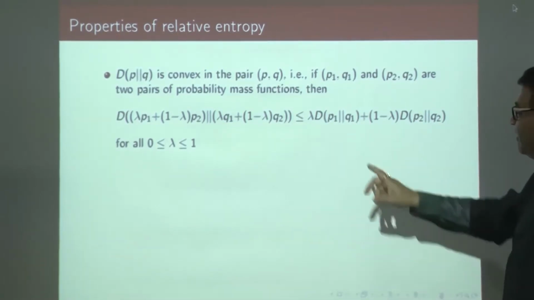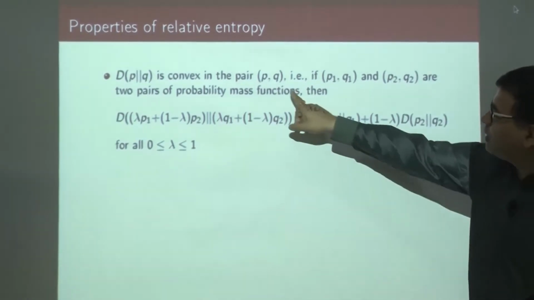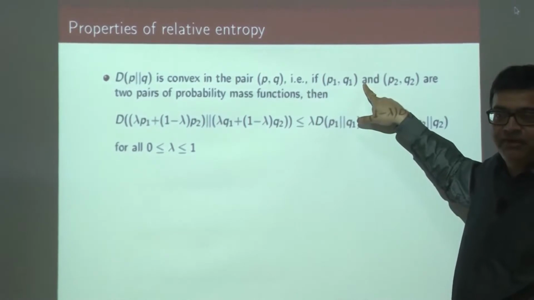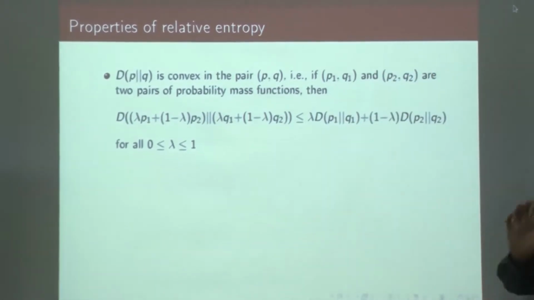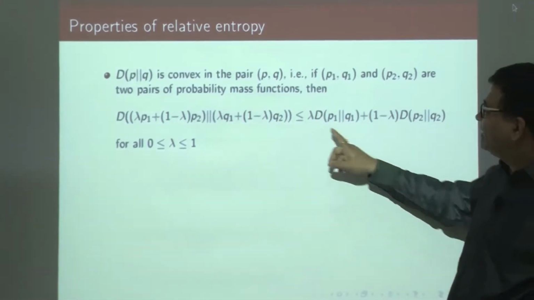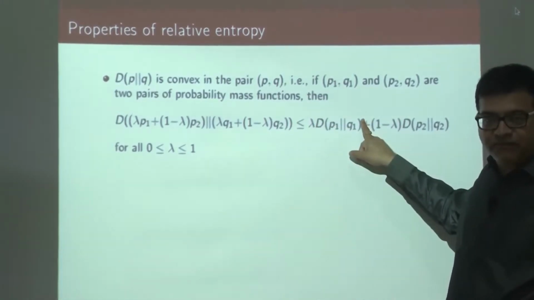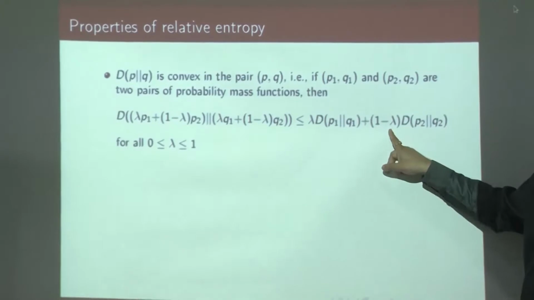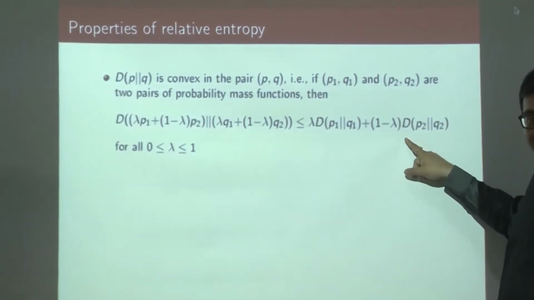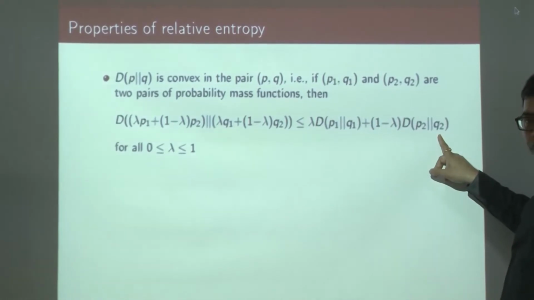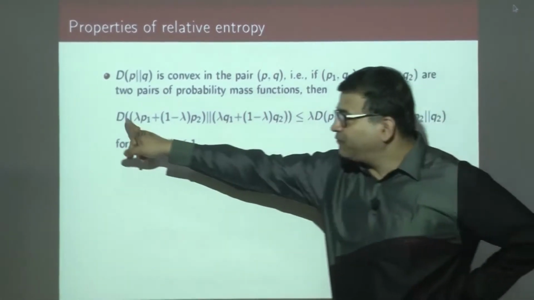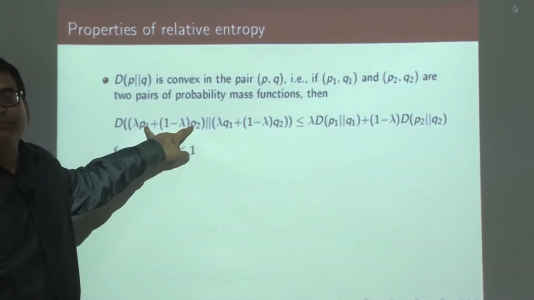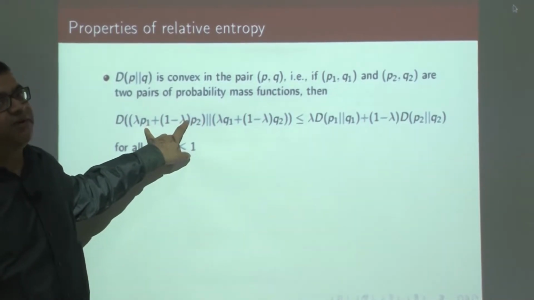So I am defining it as a function of P and Q. My x1 is (P1, Q1) and x2 is (P2, Q2). So I have to show that lambda times the function at x1, which is the divergence of P1 Q1, plus 1 minus lambda times f of x2, which is the divergence of P2 Q2, is greater than or equal to the divergence function at lambda times x1 plus 1 minus lambda times x2.